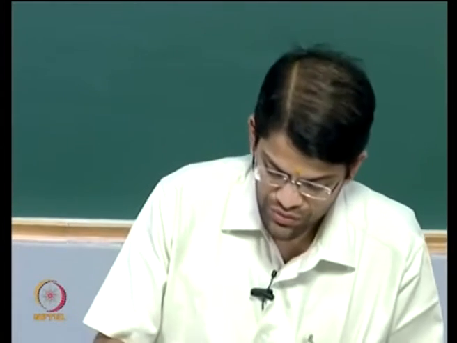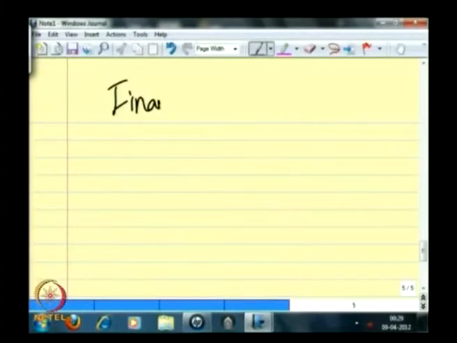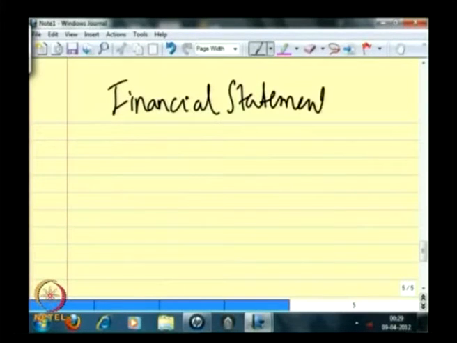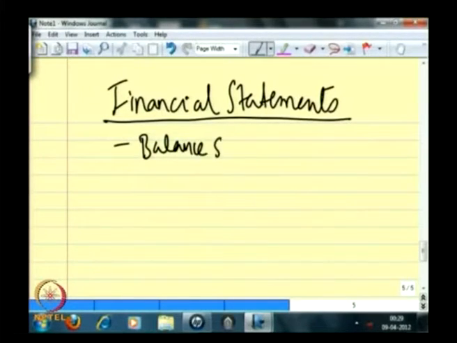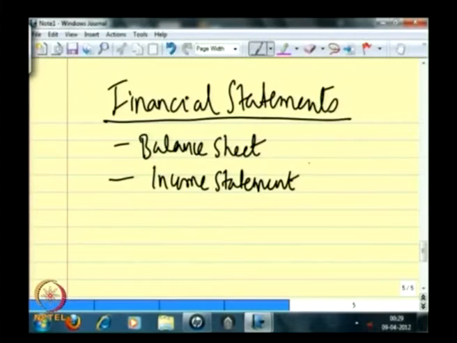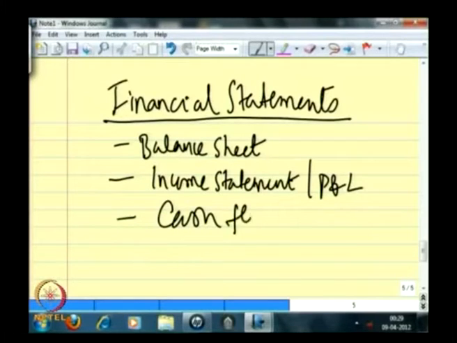We are capturing this information so that we are able to come out with some financial statements, and the three most commonly used financial statements are the balance sheet, the income statement or the profit and loss statement, and the cash flow statement.